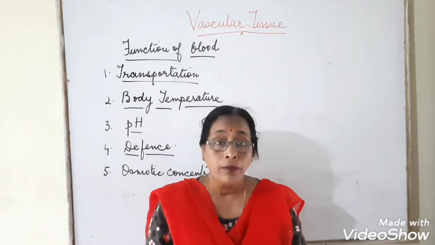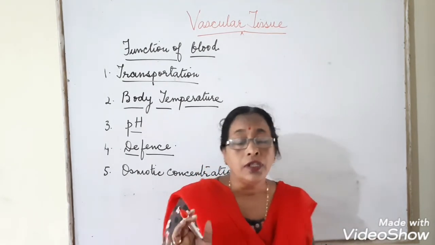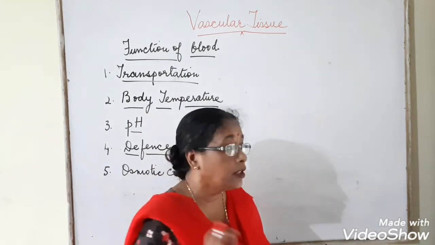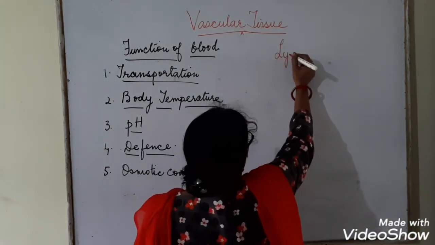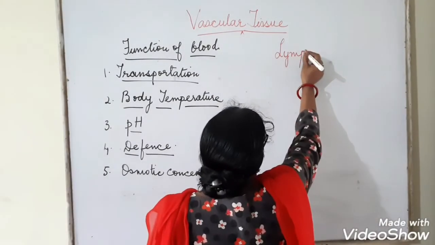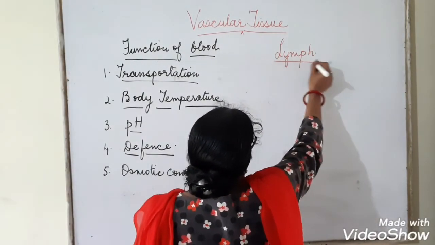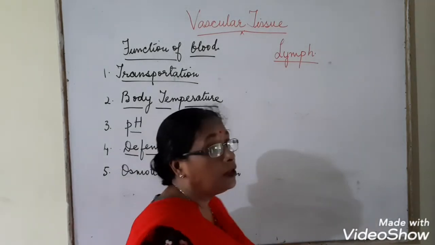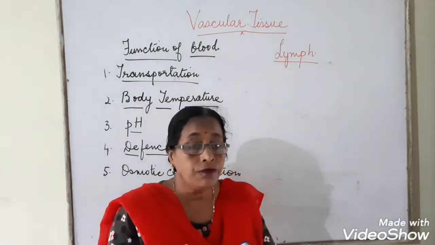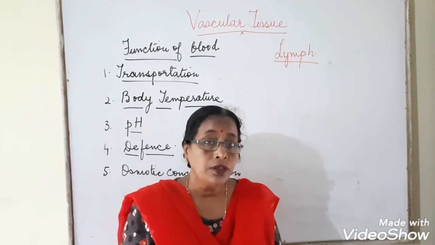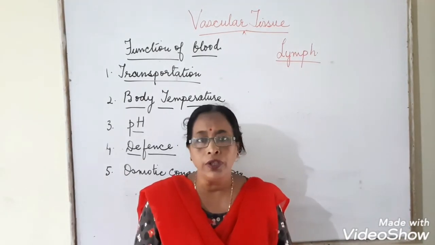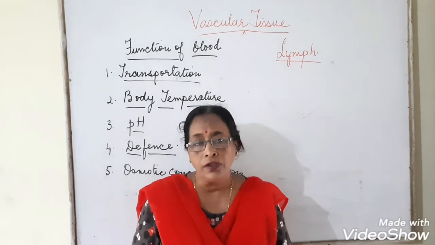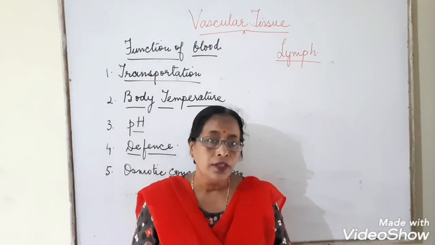Now let us know about another liquid connective tissue or the fluid connective tissue, which is known as lymph. This is also known as a tissue fluid because it flows between the tissues. The lymph does not flow in the arteries, veins or capillaries.